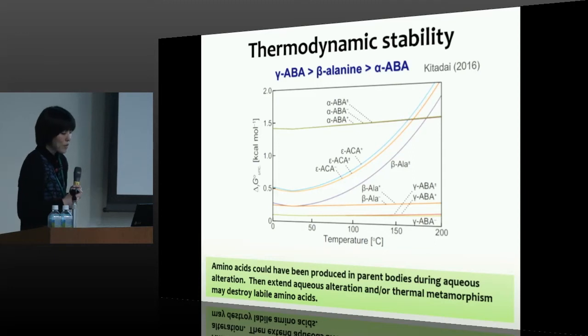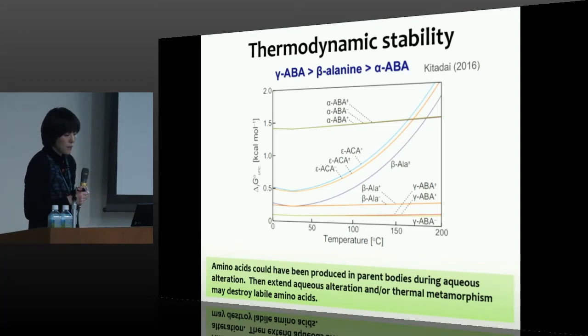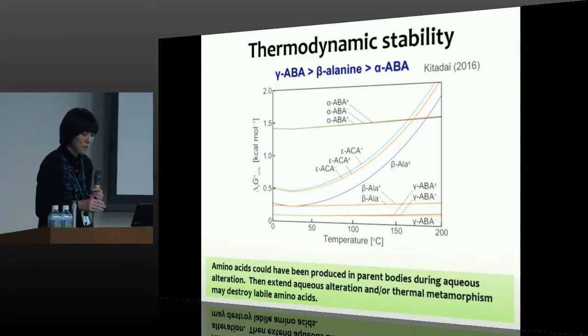So amino acids could have been produced in an aqueous environment in planetesimals, and then extended aqueous alteration and/or thermal metamorphism may destroy labile amino acids, and then the relative abundance of stable amino acids is increased.